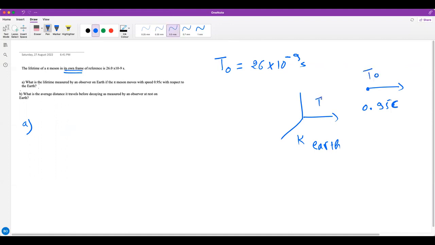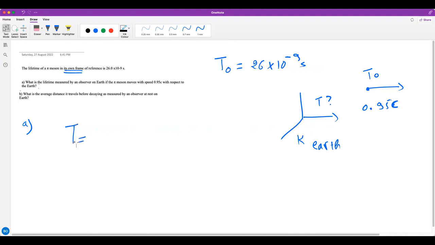So what will be the lifetime measured by an observer on Earth? Well, this is very straightforward, because the observer will measure a relative time that is not the proper time, because the particle is moving with respect to his or her reference system.